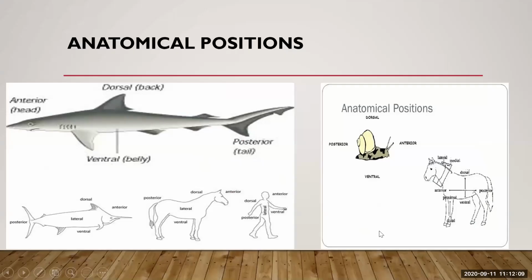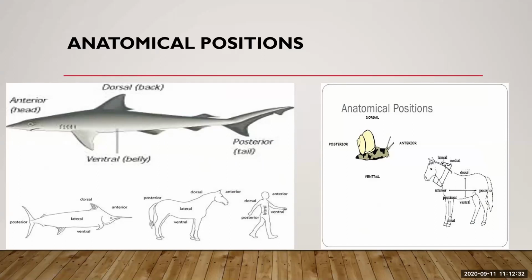Okay. Before going to the characteristics of chordates, we will just see the anatomical positions: what is the dorsal side, what is the ventral side, what is the anterior side, what is the posterior side. Anterior means near the front.